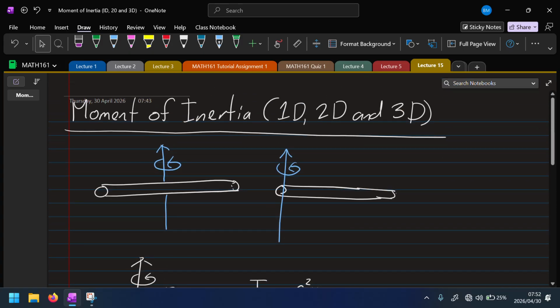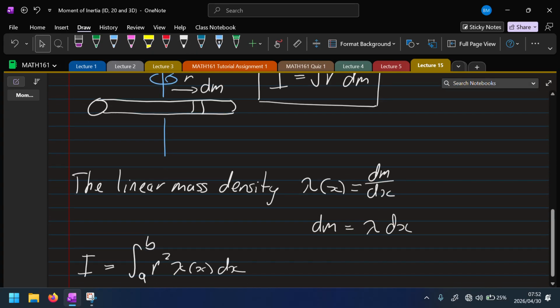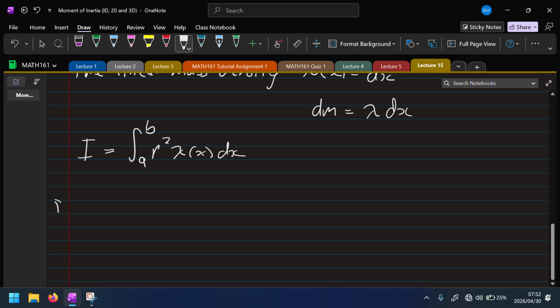So let's have a look at these two cases again. We're going to have case number 1, case number 2. Remember what you said, which one's more difficult. So let's look at number 1. We assume a constant density, let's say a metal rod. So it's all the same material, same density throughout.